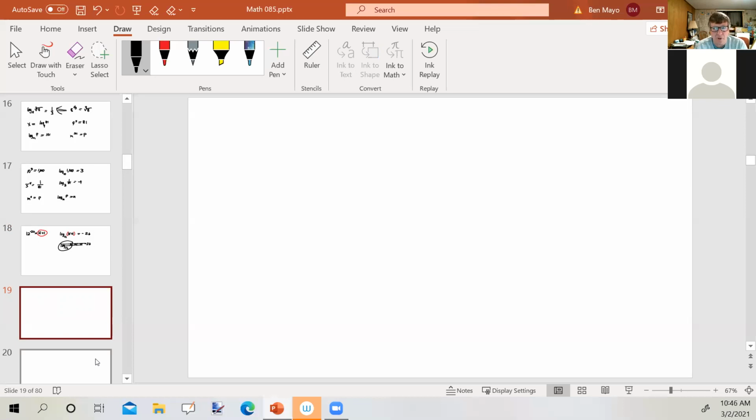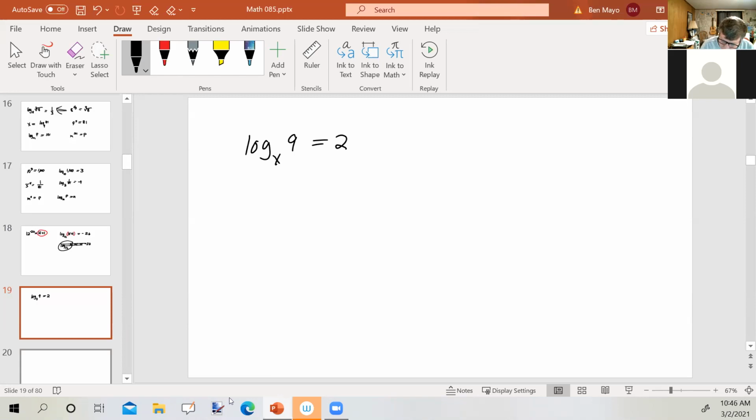Or if you're asked to solve a logarithmic equation, quite often you change it into an exponential equation in the process. All right, here we have log base x of 9 equals 2.